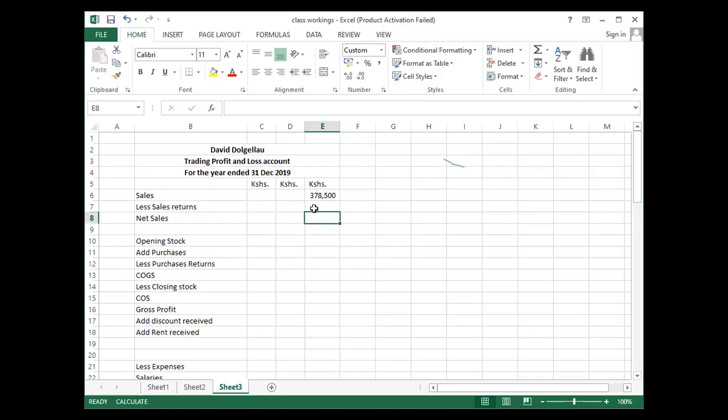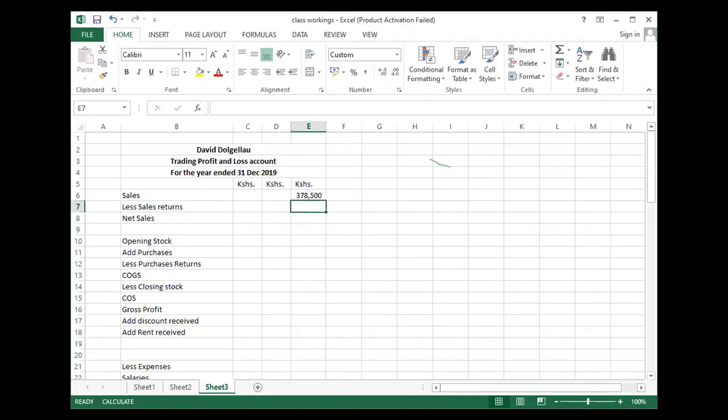Sales return, very fast. I want us to do this very fast. Someone give us sales return. Thank you, 41. So less sales return, that is 4,100.